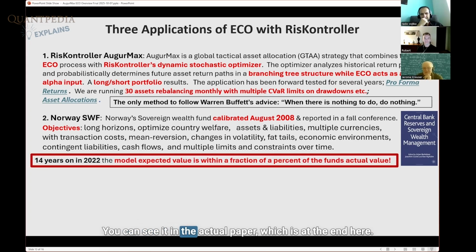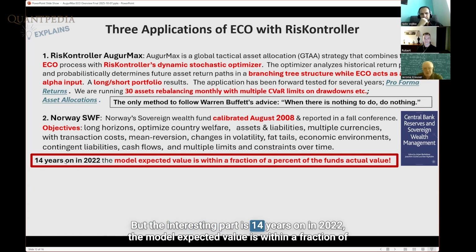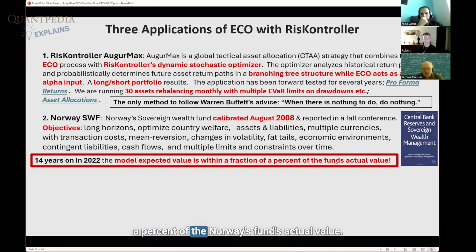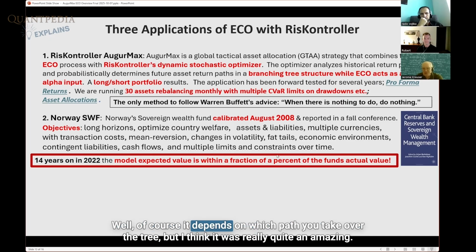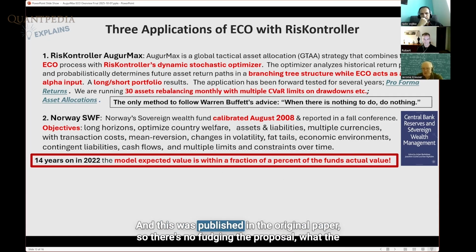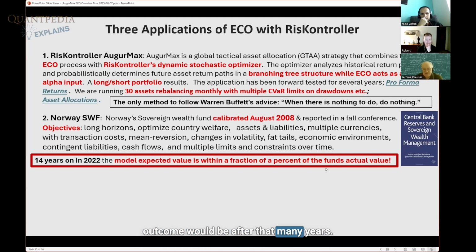You can see it in the actual paper, which is at the end here. But the interesting part is that 14 years on, in 2022, the model's expected value is within a fraction of a percent of the Norway fund's actual value. Of course, it depends on which path you take over the tree, but I think it was really quite amazing, and this was published in the original paper, so there's no fudging. The proposal showed what the outcome would be after that many years.